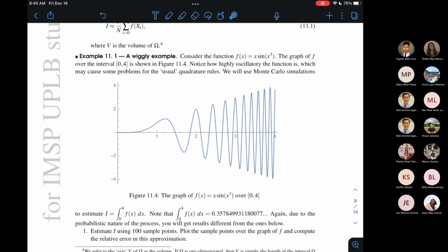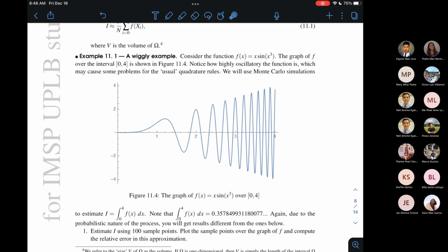Kaya naman they are doomed to fail, especially those that only use, say, trapezoidal rule na dalawa lang, or Simpson's rule na 3 points lang, and so on.